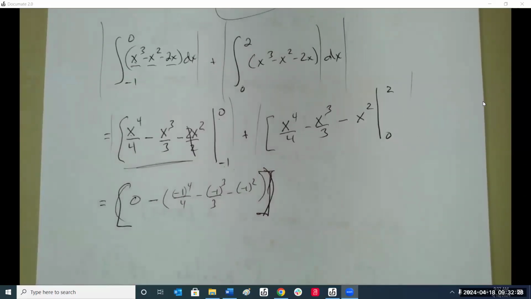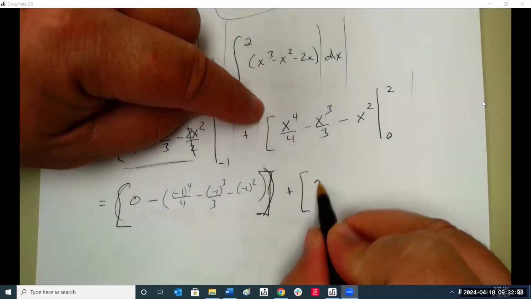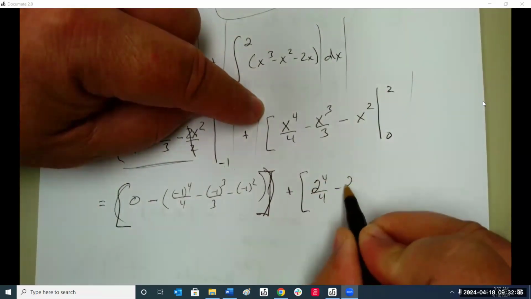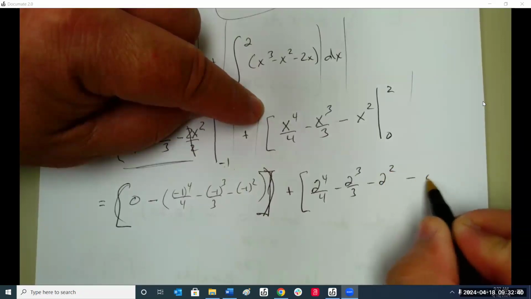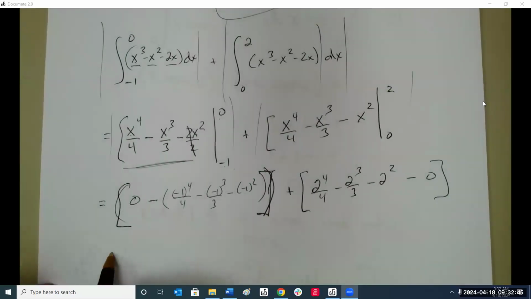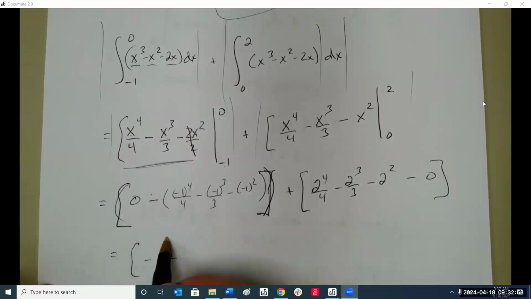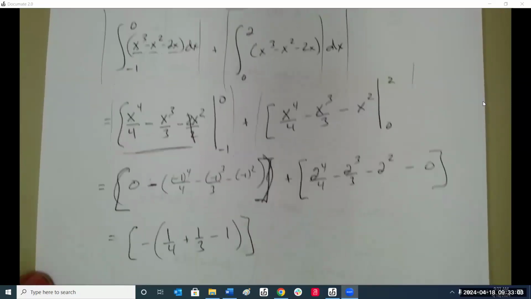For the second: 2 to the 4th over 4, 2 to the 3rd over 3, minus 2 squared, minus 0. So that's negative. So this one, positive 1/3, -1, negative out in front.